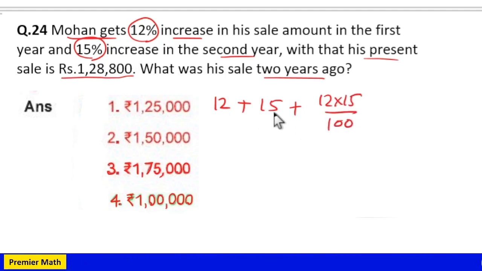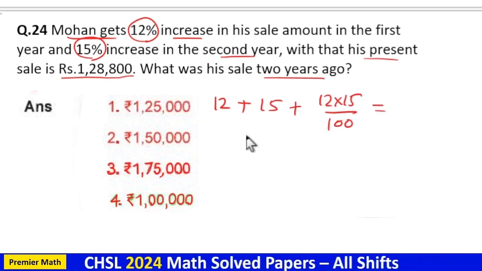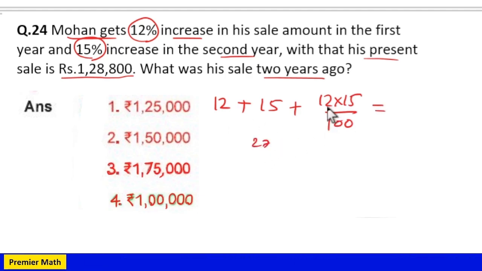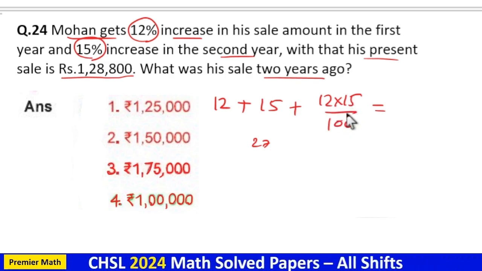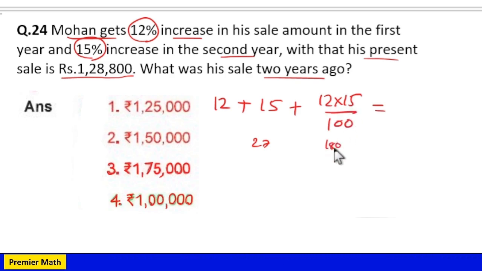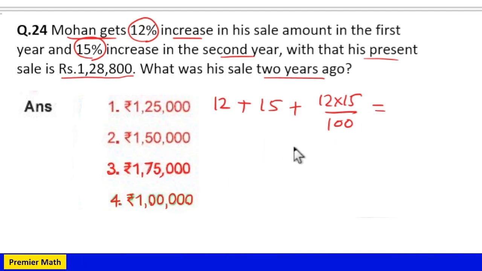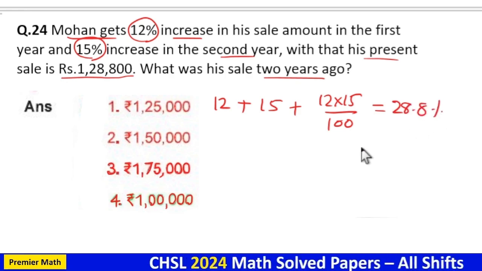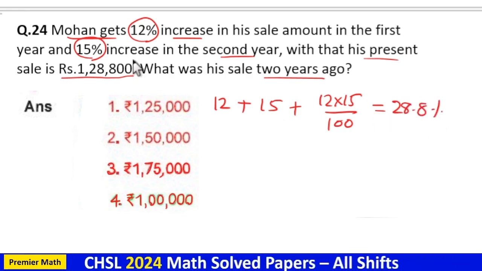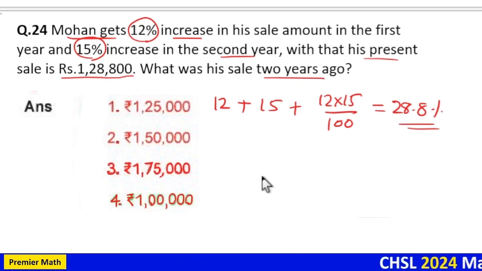That is A plus B plus AB by 100. Which is equal to 12 plus 15, 27. 12 into 15, 12 into 10, 120, 12 into 5, 60, 120 plus 60 is 180, 180 by 100 is 1.8. So 27 plus 1.8 is equal to 28.8%. So in 2 years, increment is equal to 28.8%.